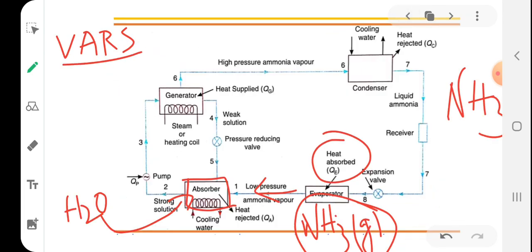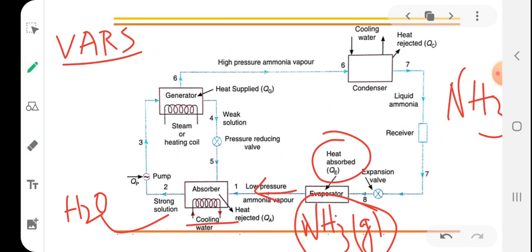So students, if the temperature of the absorber is raised, the water will no longer be able to absorb ammonia. So the absorption process gets hindered. So in order to maintain the temperature at a required level, we are providing a cooling water system.